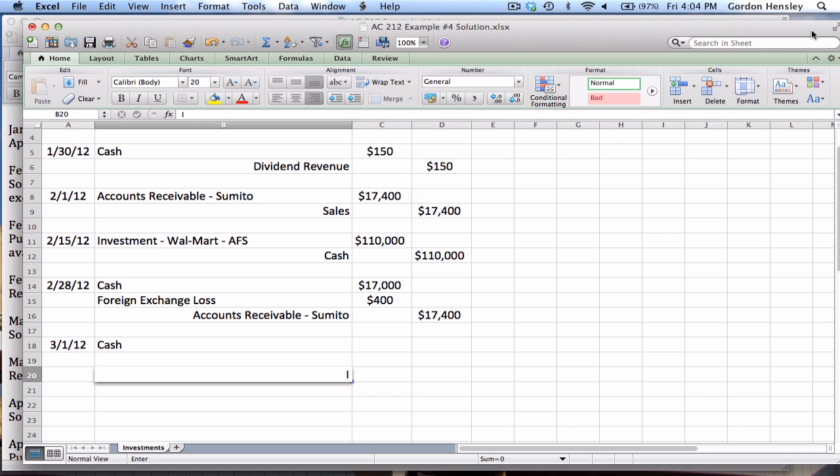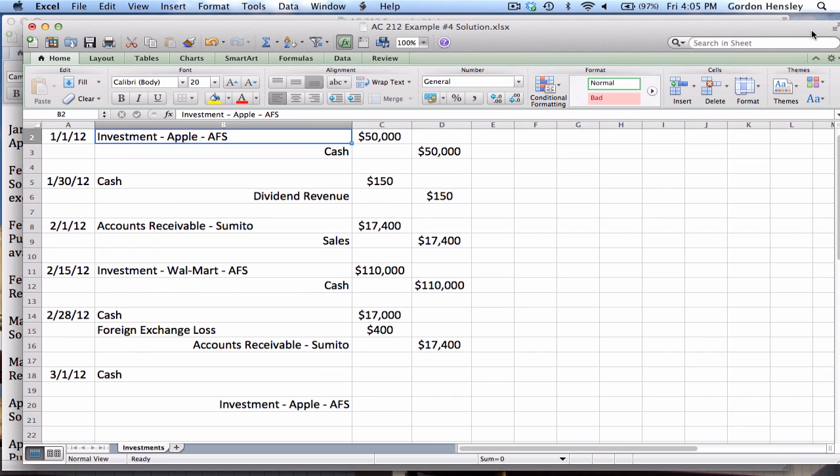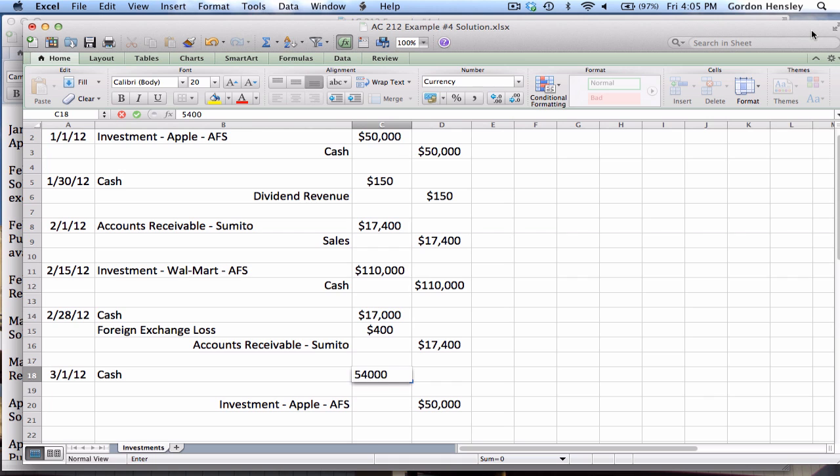So in this case, I want to remove the investment, Apple, AFS for available for sale. Now here's where labeling comes in handy again. Where do I see my investment in Apple? It's all the way up here, $50,000. So when I remove it, I'm going to remove it at $50,000. But on the cash, it says that I actually sold it for $54,000.